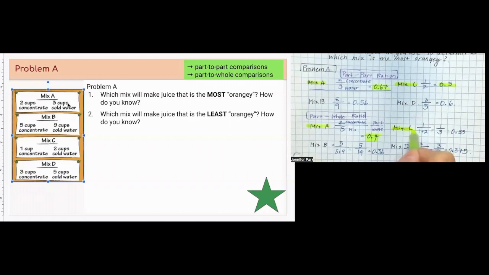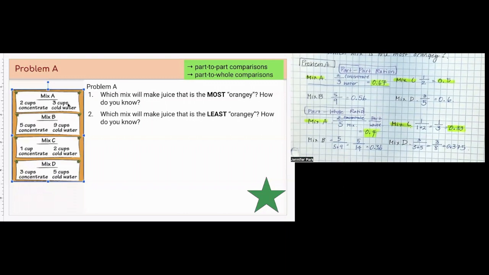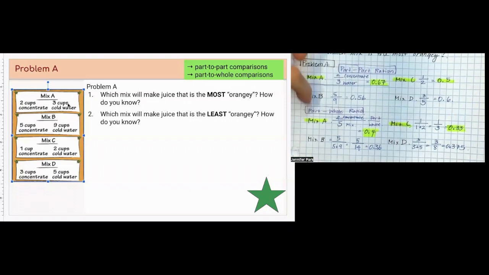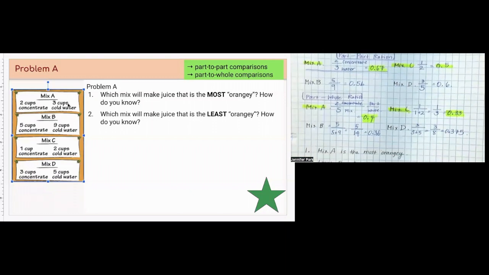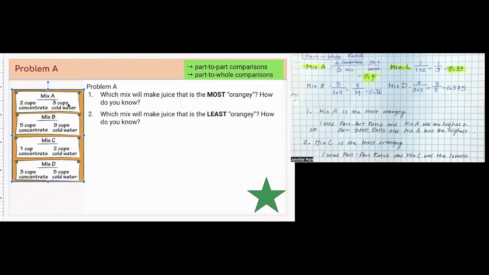Mix C gave the same answer of being the least orangey for part to whole ratio. So same result. It's up to you whichever strategy you use. So number 2, I'm going to put mix C is the least orangey. And you could say I used part to part ratio and mix C ratio was the lowest, right?